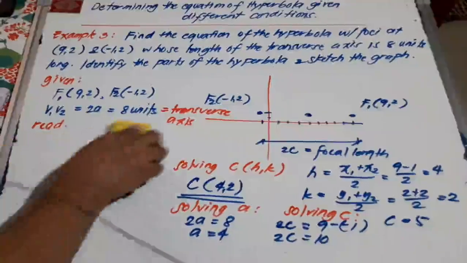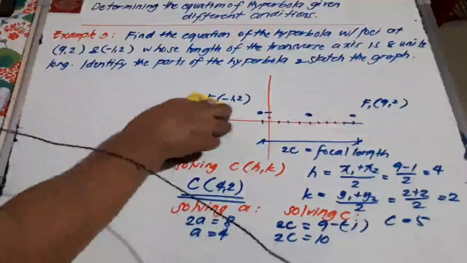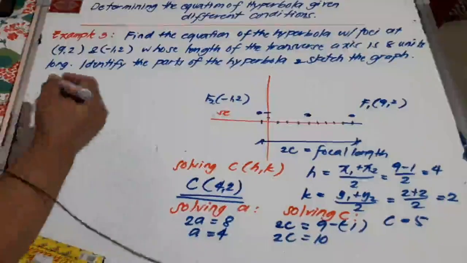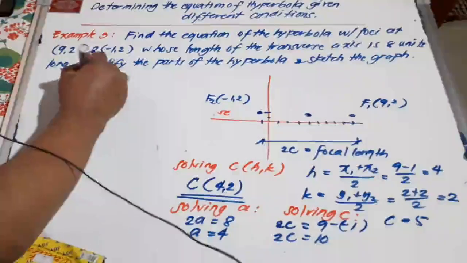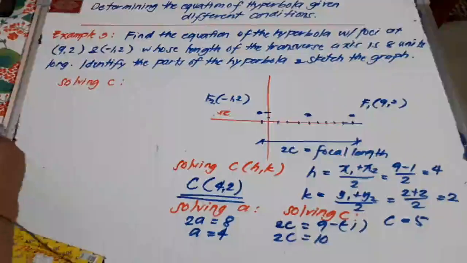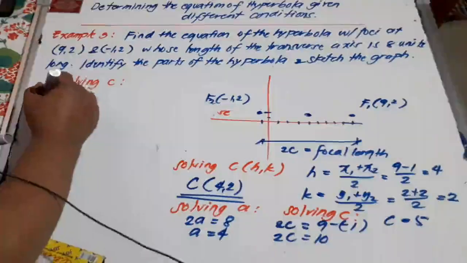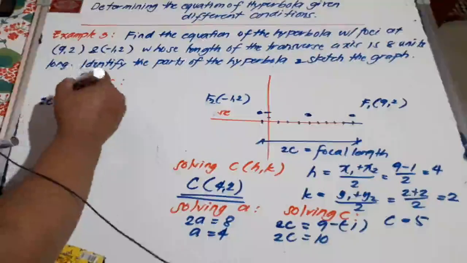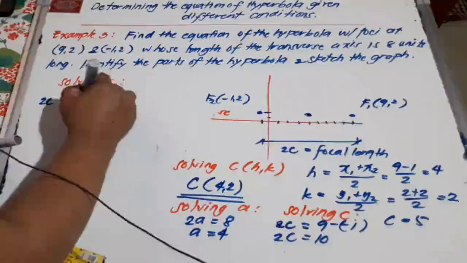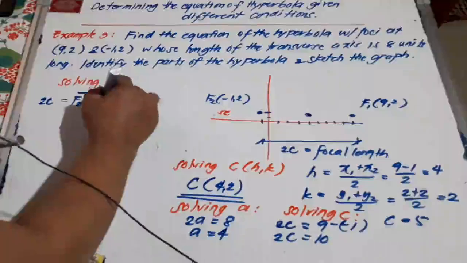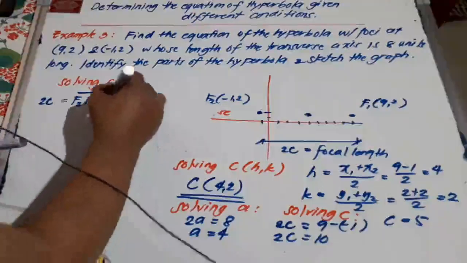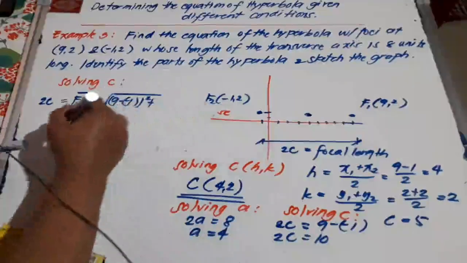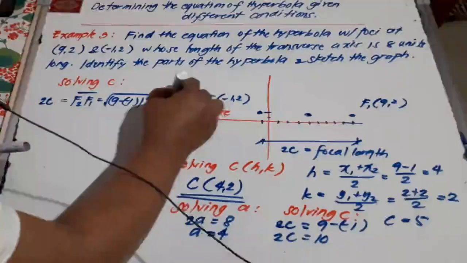So by distance formula, solving C by distance formula, so we have 2C, yun yung haba ng focal length, that is F1 to F2, equal to square root of difference of the ordinates and abscissa, so 9 minus 1 squared plus 2 minus 2 squared.